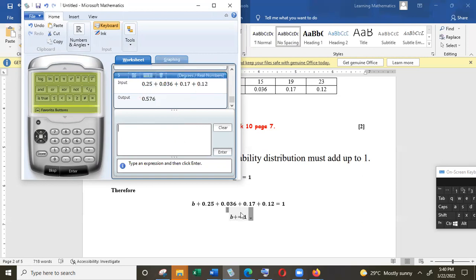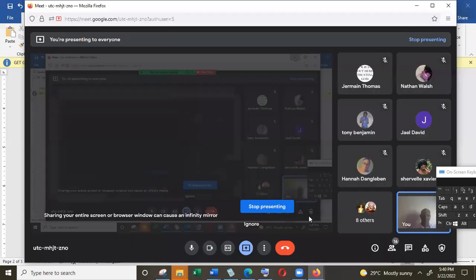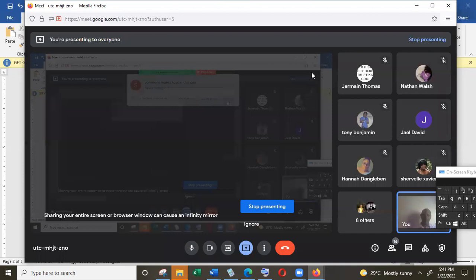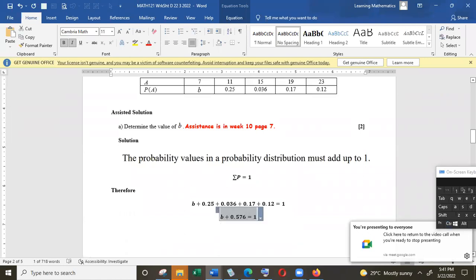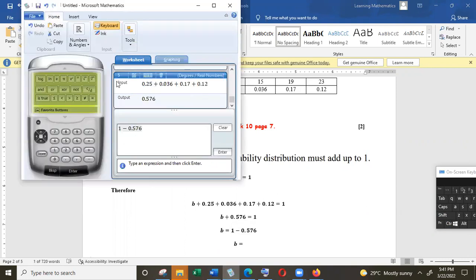We get 0.576, and we can simply subtract 0.576 from 1, and this will give us the value of B, 0.424.